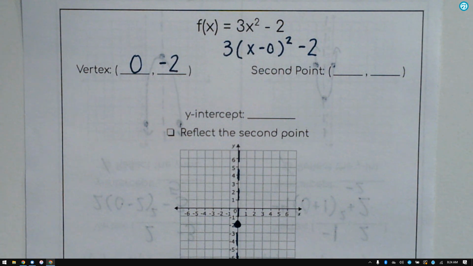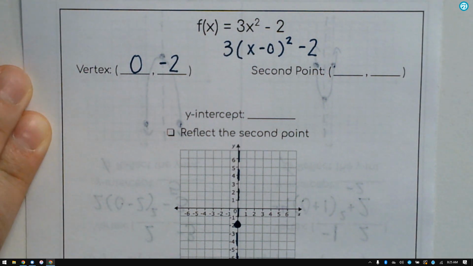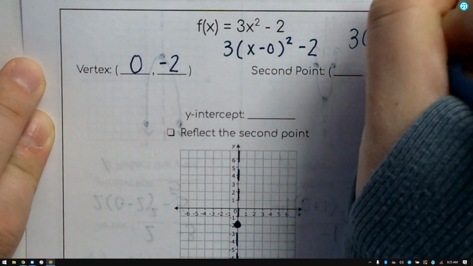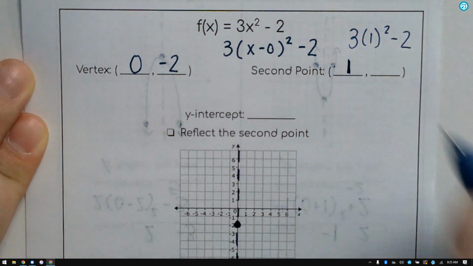So how we find another point on a graph is we can just plug in any number we want for x. So I've got this 3x squared minus 2. I think I am going to plug in 1 because I know 1's going to fit on my graph. So I'm going to do 3 times 1 squared minus 2. So I'm plugging in x equals 1.